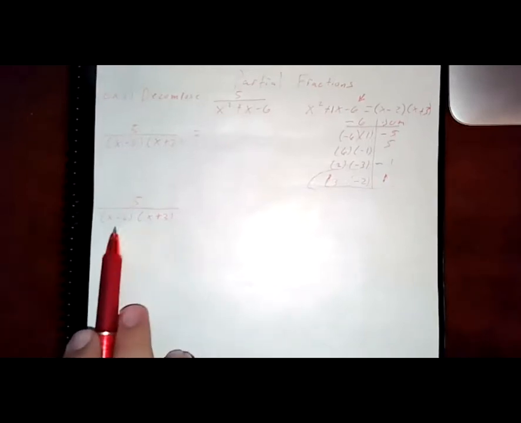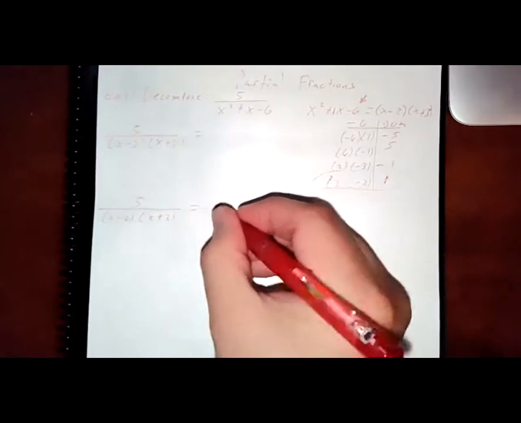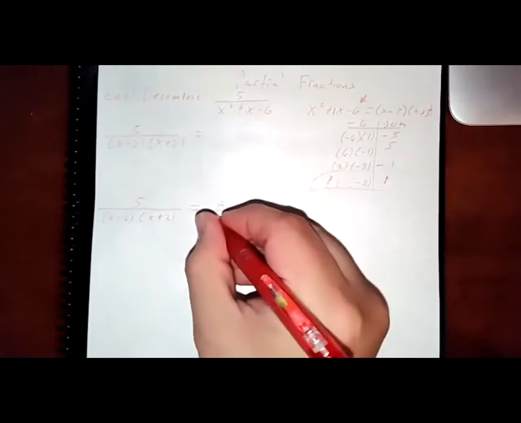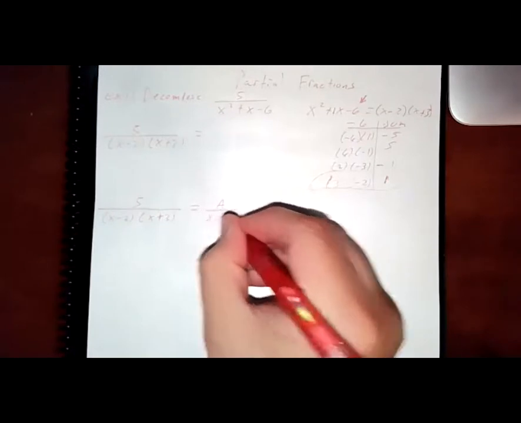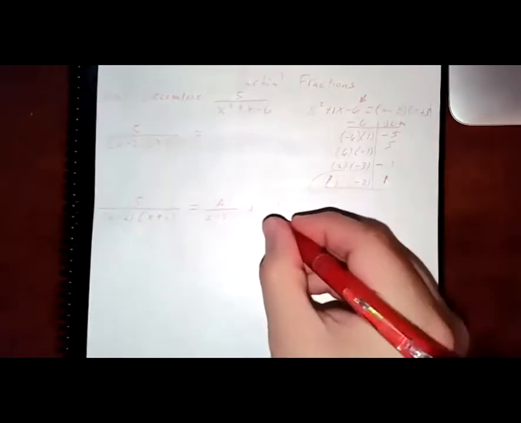And case 1 tells you, looking at your PDF, it says, if the factors are distinct, meaning they're not the same, then you do this approach. So basically what you do is write some number a over x minus 2, the first factor, plus b over x plus 3.